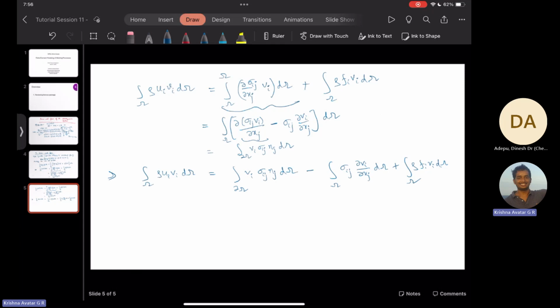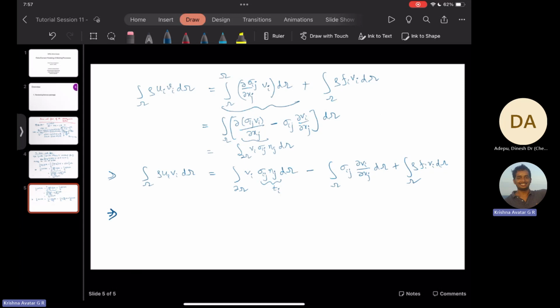Now here are some interesting things coming up. You recall from quantum mechanics, what we had learned is that traction vector is equal to σ times n vector. This we know, right? And in index notation, it's T_i equals σ_ij n_j. So you see something going on, right? Here we can put T_i. So once we have put T_i, this becomes T_i now.